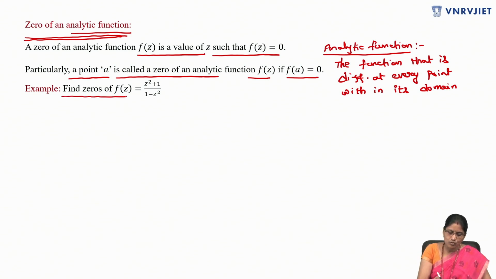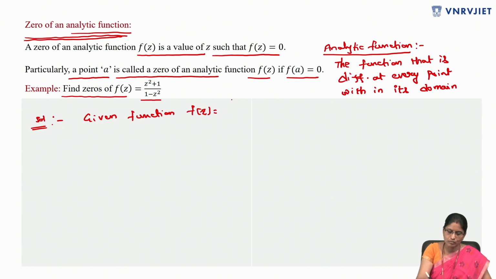Find the zeros of f of z is equal to z square plus 1 by 1 minus z square. We have to find out the zeros of this function. What is the given function? Given function f of z is equal to z square plus 1 by 1 minus z square.